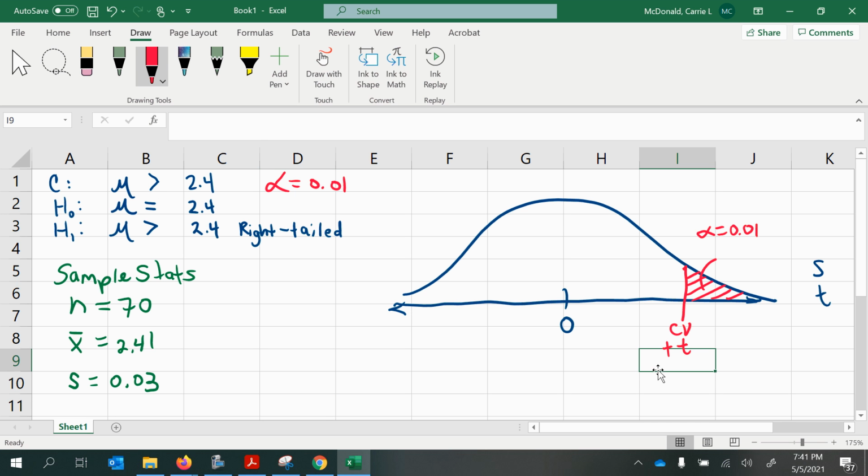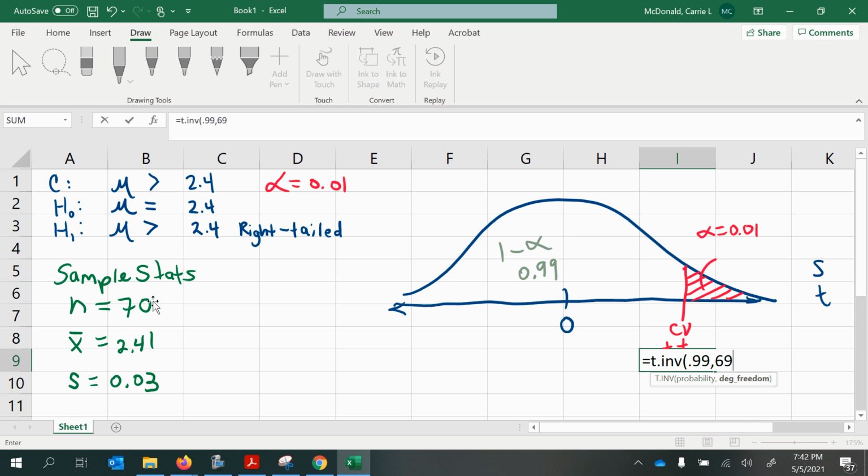So using the left area, which is 1 minus alpha, so 0.99 on the left, we can use our t dot inverse on 0.99. I forgot, we're not doing norm dot inverse, we're doing t dot inverse. Instead of a mean and a standard deviation, we give it the degrees of freedom, which is always n minus 1. Since our n is 70, our degrees of freedom here is 69. All right, now that is your critical value.